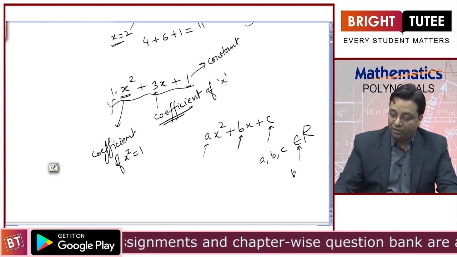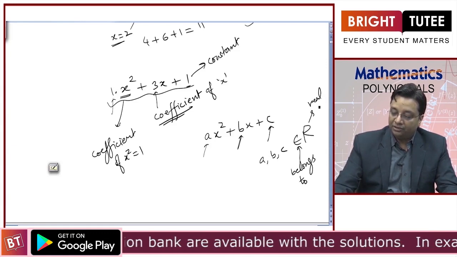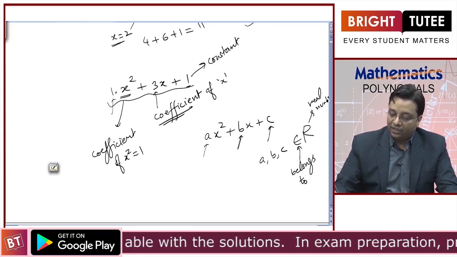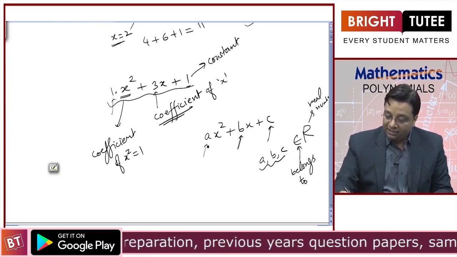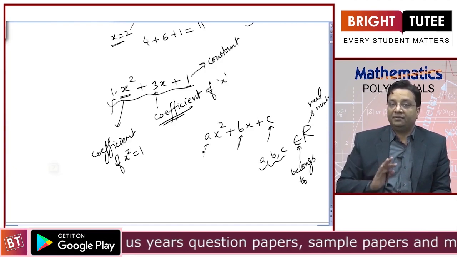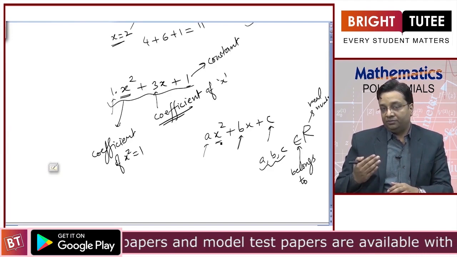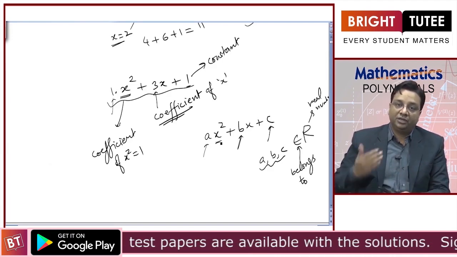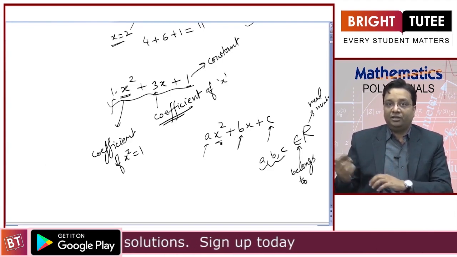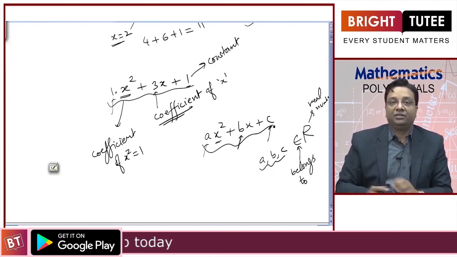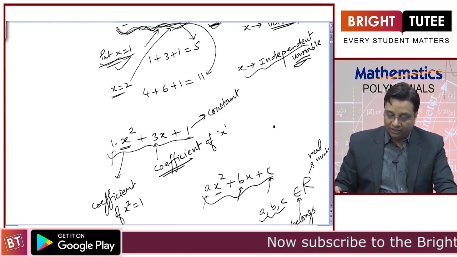This sign means belongs to, and this R I have used for real numbers. Okay, these a, b, c are real numbers, that is fine, but these are constants. Okay, they will not change their value. All we can change is x. So we can put x equal to 1, x equal to 2, x equal to 3, and when we put various values of x, this expression will give us various values for itself. Okay, so this is one thing.